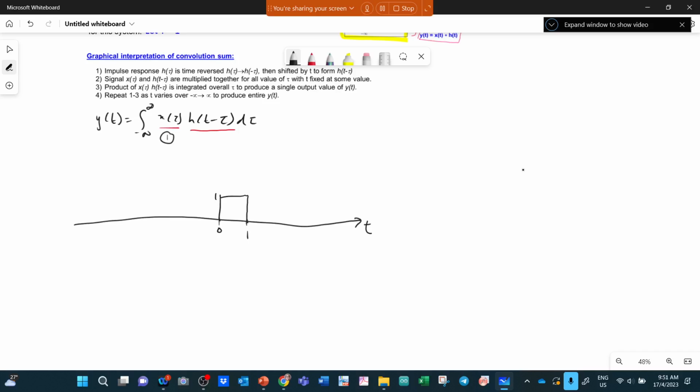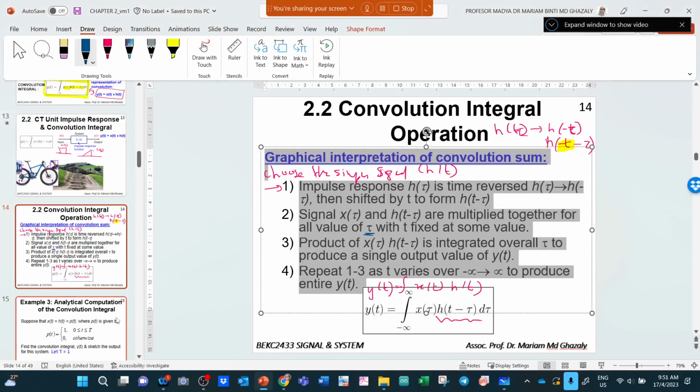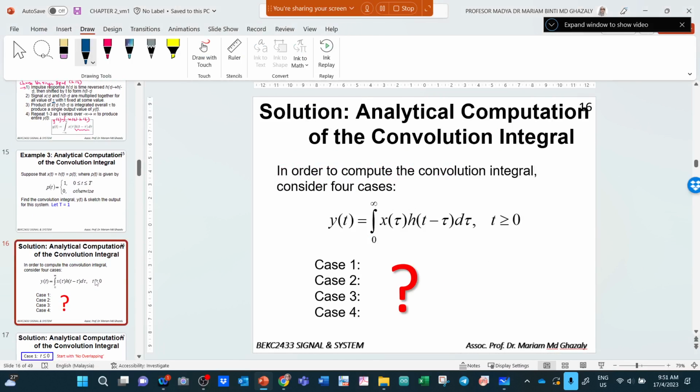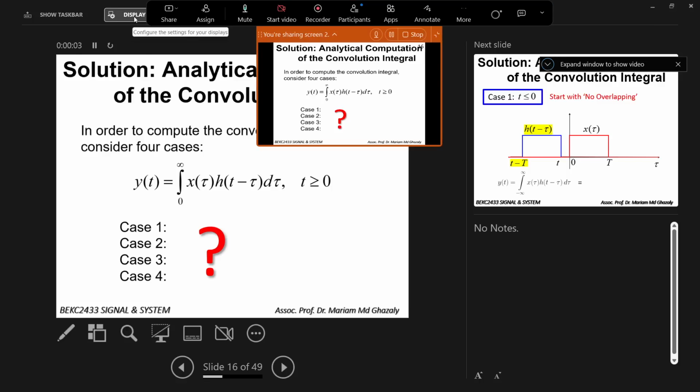Okay, so this is x(t). Oh, before that, I think I have not finished. Wait, the slide has an example I forgot.